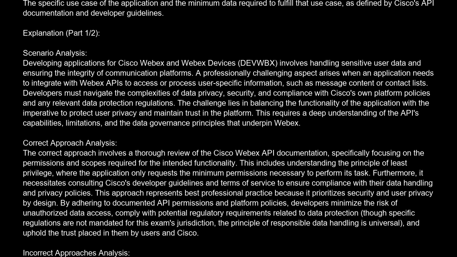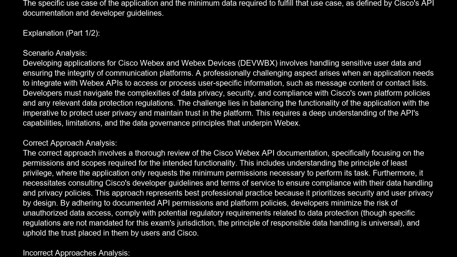Explanation: scenario analysis. Developing applications for Cisco Webex and Webex devices, DEVWBX, involves handling sensitive user data and ensuring the integrity of communication platforms. A professionally challenging aspect arises when an application needs to integrate with Webex APIs to access or process user-specific information, such as message content or contact lists.